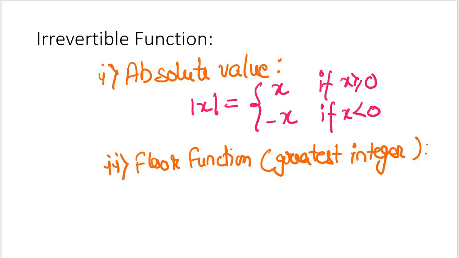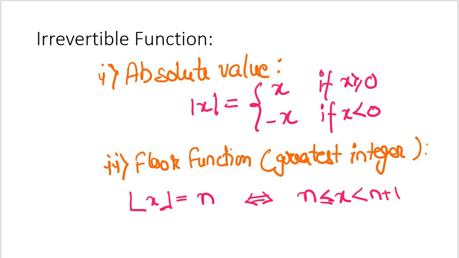So what it means is that floor of x equals n, which means x lies such that n is less than or equal to x, and x is less than n plus 1.